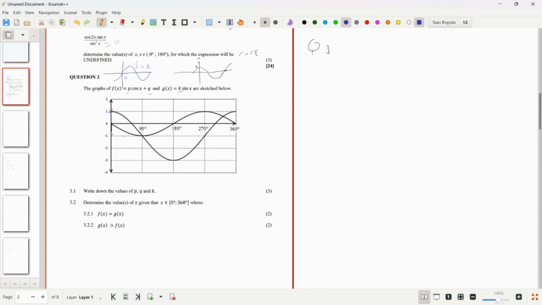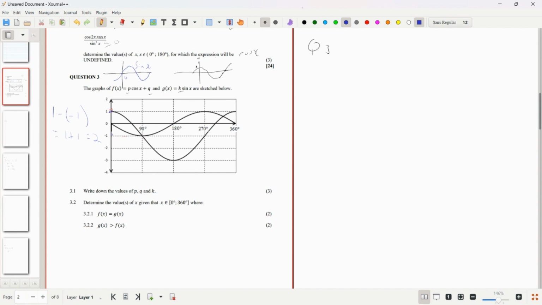So if you want to use half of these to find the amplitude, you can say 1 minus -1. 1 is the top one or the maximum one, minus this one, which is -1. So you'll have 1 plus 1, which is 2. Or you can take the maximum value and the minimum value, you minus it, and then you divide by 2, right?